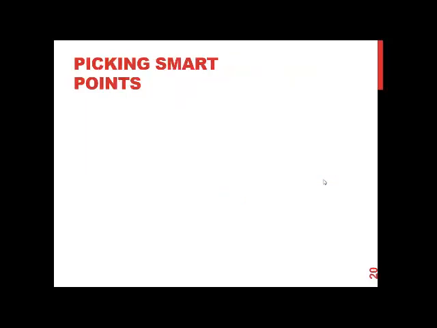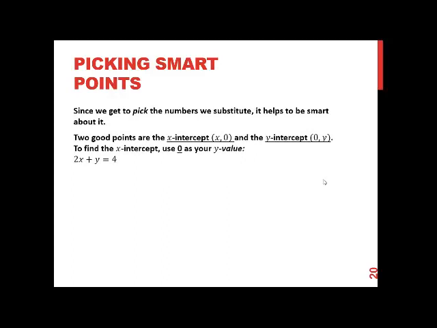However, since we get to pick the points, pick smart ones. It helps to be smart about the numbers we pick. Now, two really good points to use are the x-intercept, which is some number, 0, and the y-intercept, which is 0, some number. To find the x-intercept, we'll put 0 in as our y value.